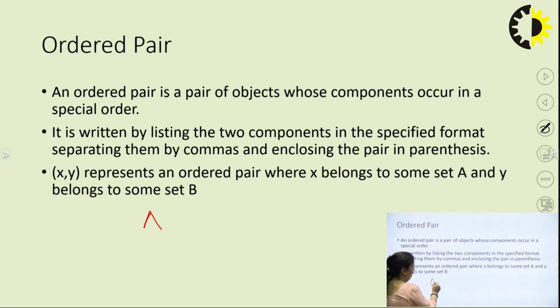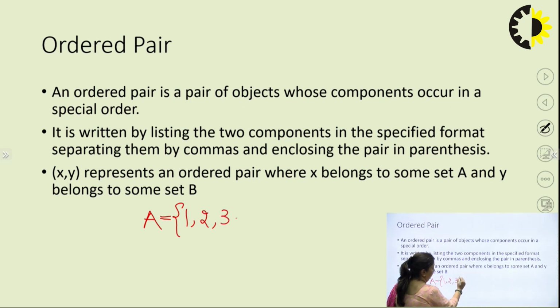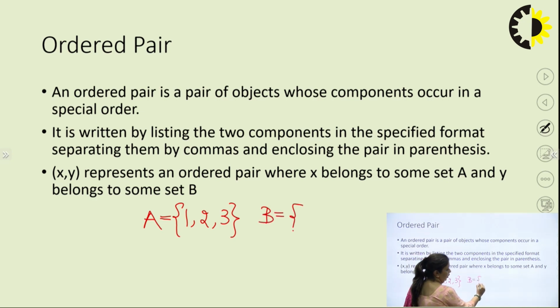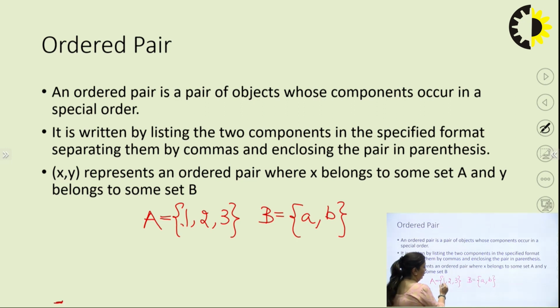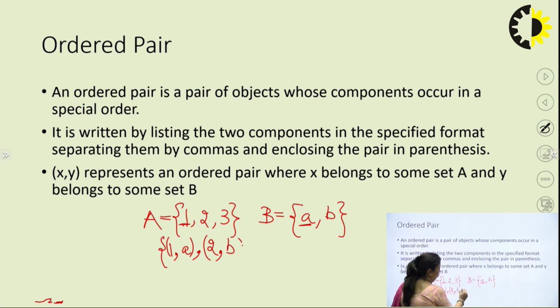Suppose I have a set A which contains 3 elements 1, 2 and 3. I have another set B which contains 2 elements a and b. Now I want to write all the ordered pairs for these two sets. So I'll take an element of set A, then put a comma and then an element of set B. So this becomes one of the ordered pairs. Another possible ordered pair is the element 2 along with the second element from set B, that is small b.